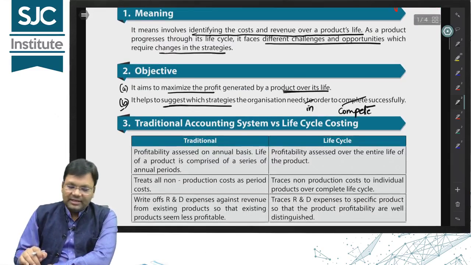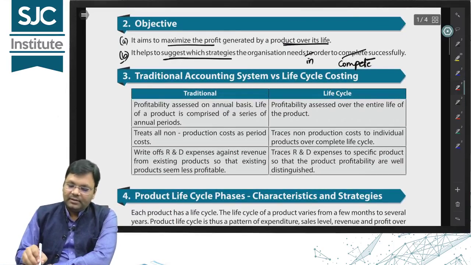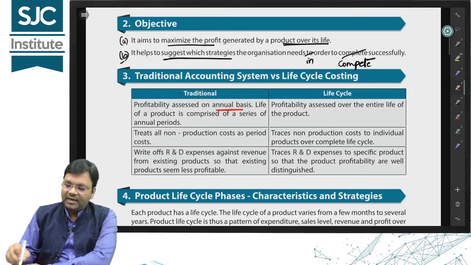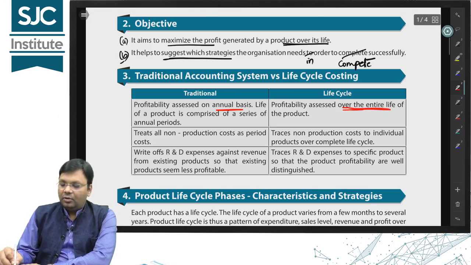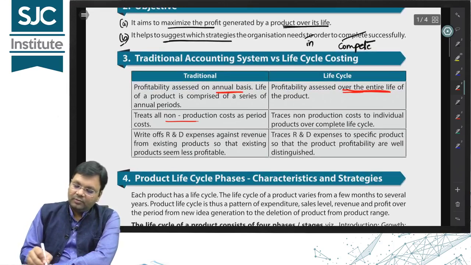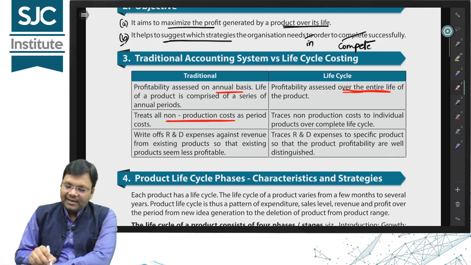We also checked traditional versus life cycle costing. Traditional is about annual profitability, but life cycle is about the entire life. In traditional, all non-production costs are treated as period costs, but here non-production costs will be traced.